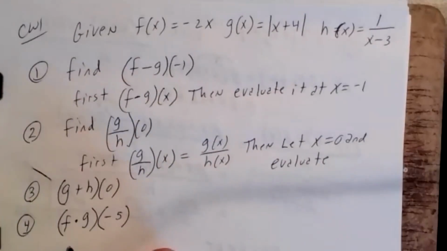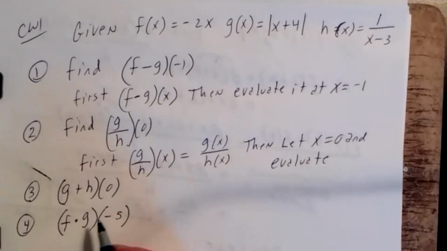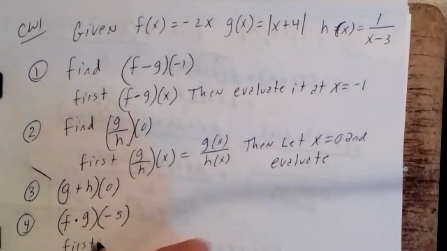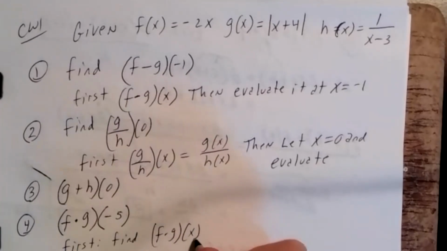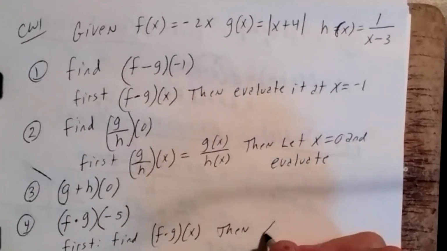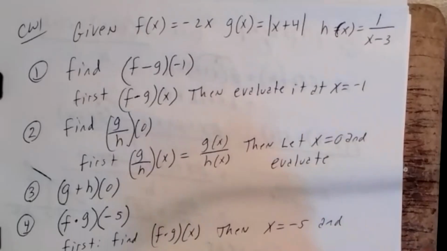Again, before you actually evaluate these new functions we're forming, you might want to just find the function first, then plug the value in to evaluate it. So for number 4, the hint is first find f times g of x, then let x be equal to -5, and then evaluate the function.